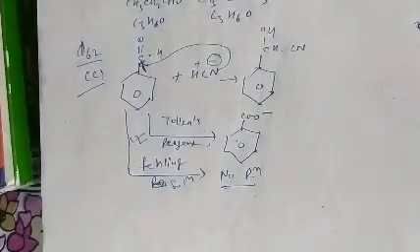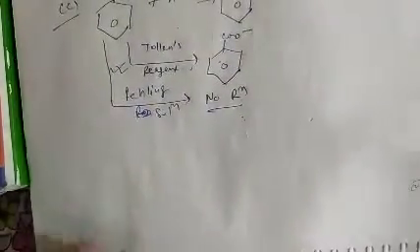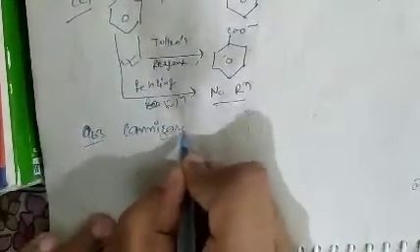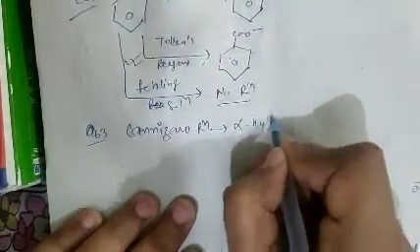See question number 63. In question number 63, what is given there? Question number 63 is basically the Cannizzaro reaction. For the Cannizzaro reaction, alpha hydrogen must be absent.